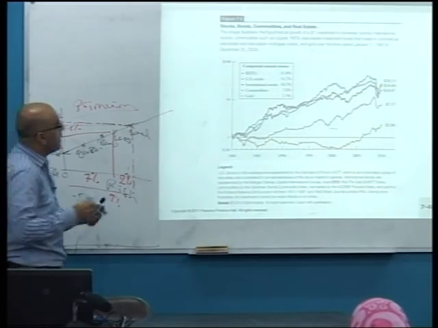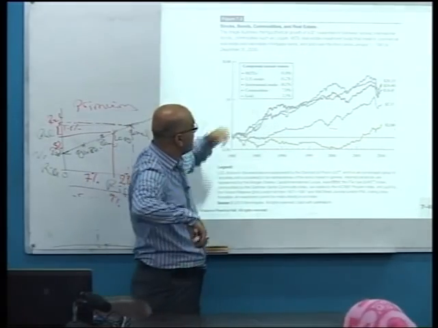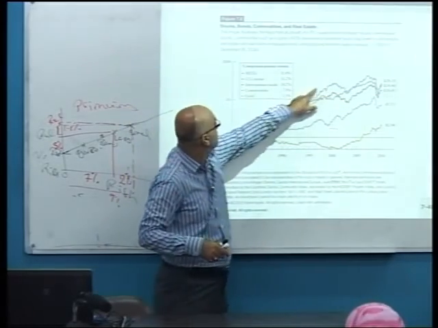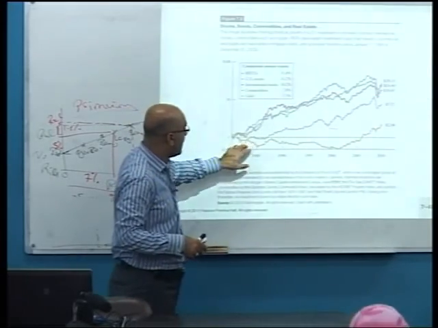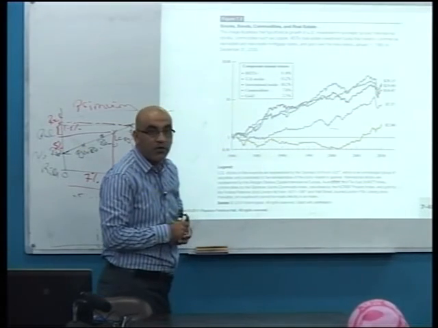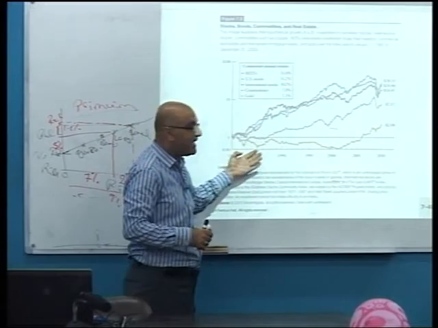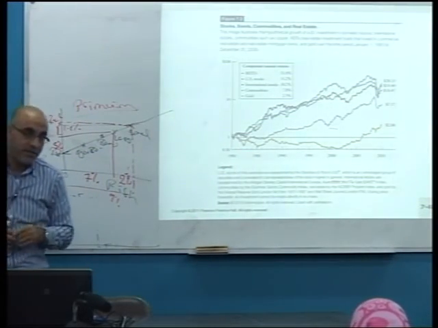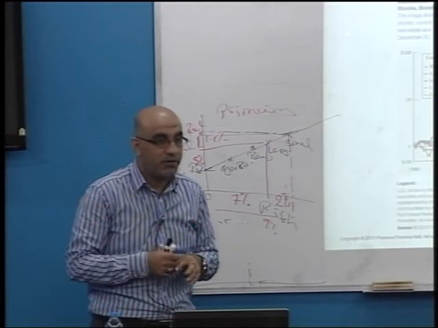So if you compare real estate in red, United States stocks in blue, the commodities, and the gold, you will observe that gold holds lower risk, and because of this, lower return.